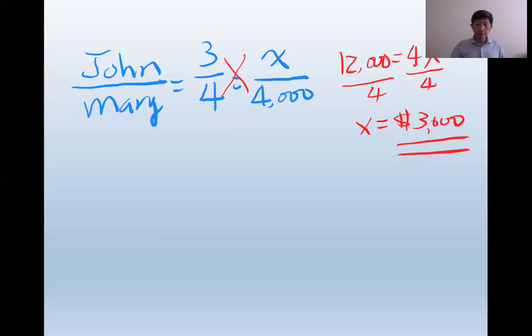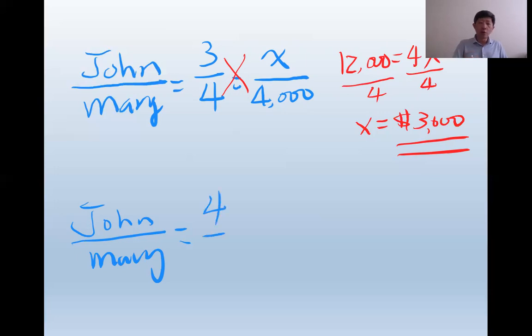Now, after the raise, what happened? After the raise, the ratio changes to 4/5, right? And then, do I have information for John's salary? No, I still don't know John's salary, right?